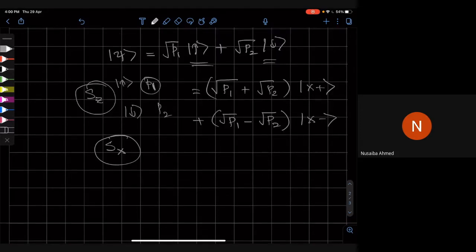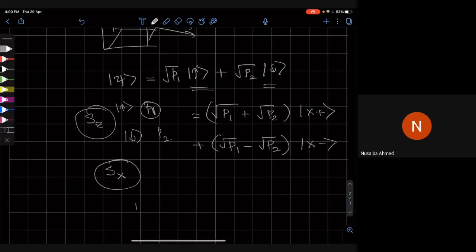So now suppose that P1 was 0.5 and P2 was 0.5. Then this would be 0, right? If this was 0, then in the SX basis, this would just be X plus.